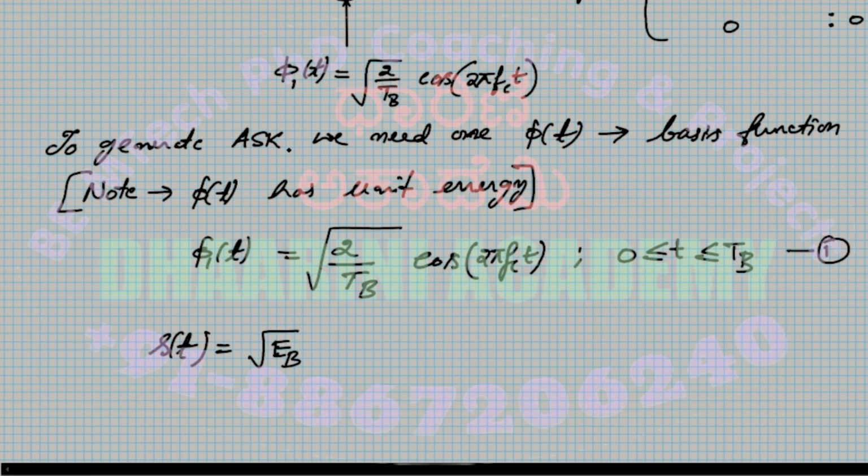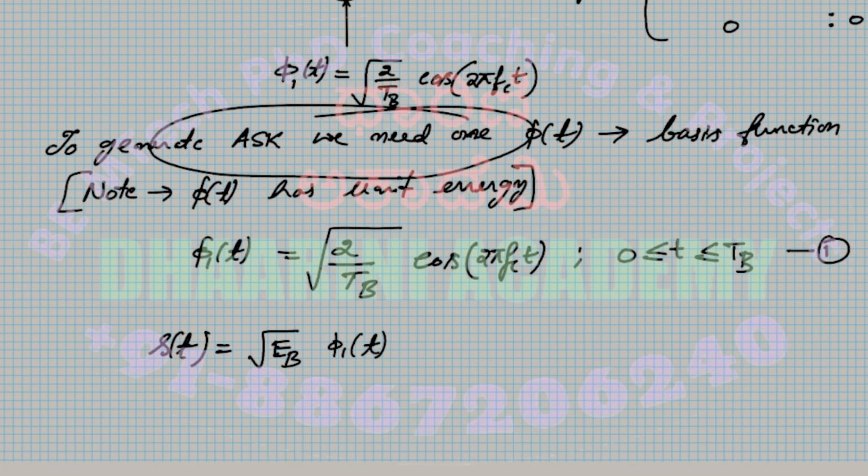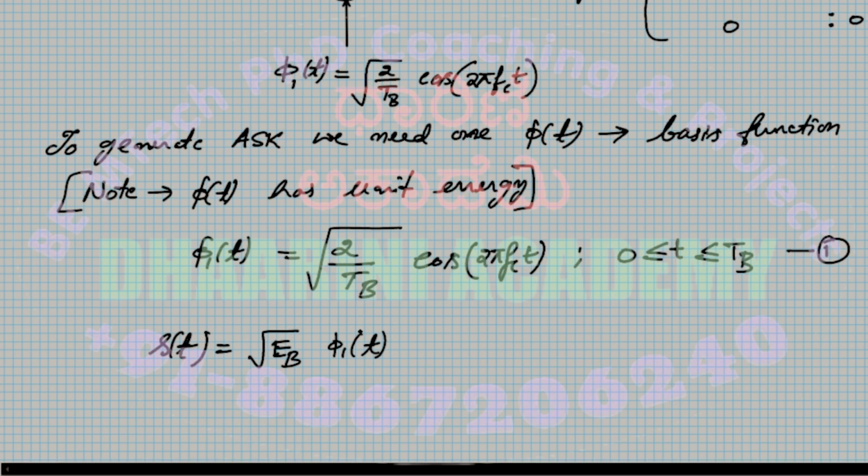That's why we said in order to generate ASK, we need one phi of t. That phi of t will be used directly as a product with root EB, so we write this as root of 2EB divided by TB into cos of 2 pi FCT.